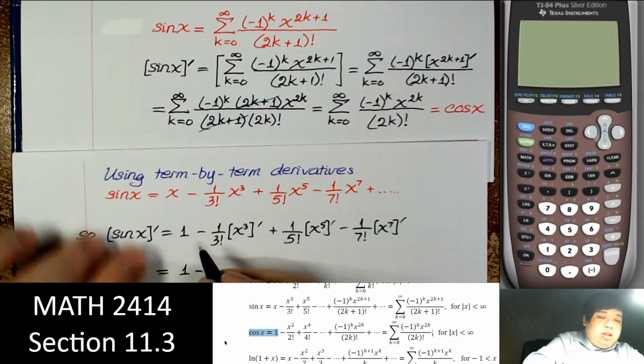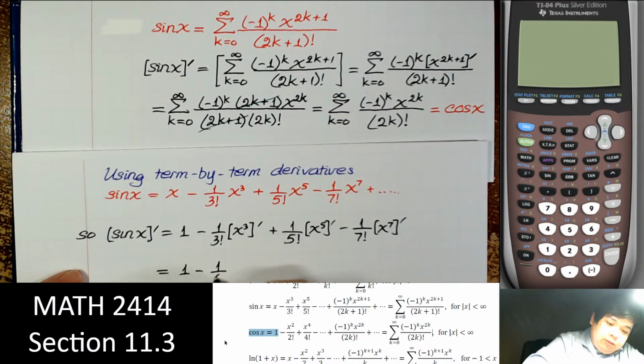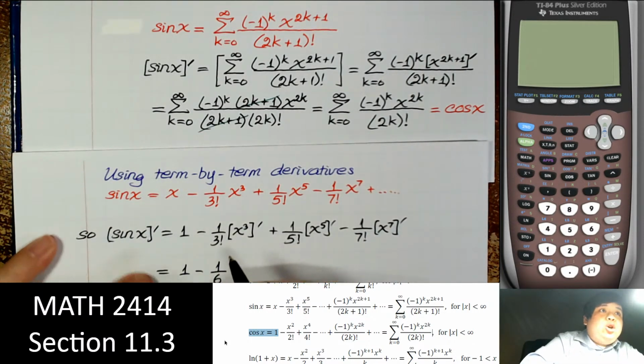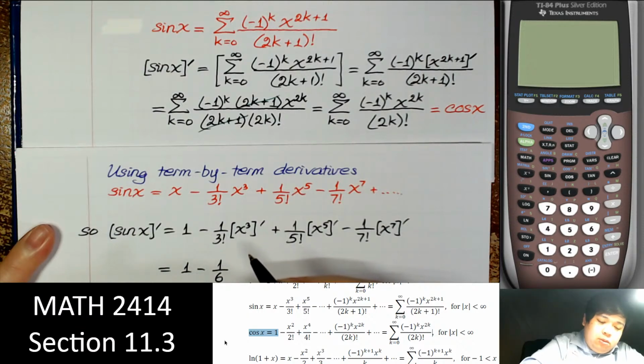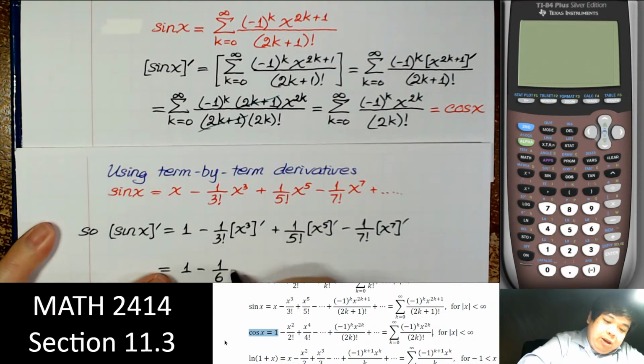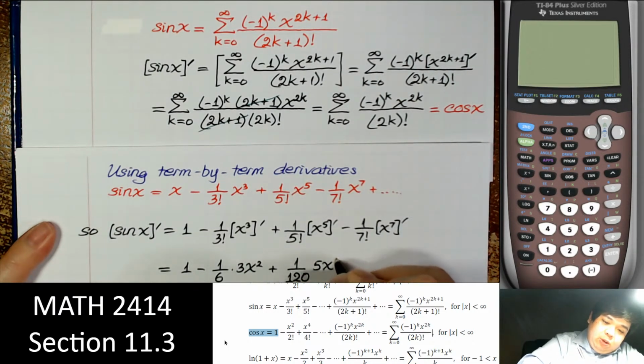So we have 1 over 6 times x cubed. The derivative of x cubed is 3x squared. 5 factorial is 120. Five x to the 4th.